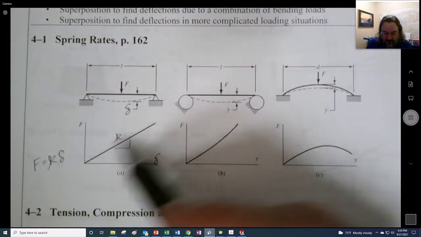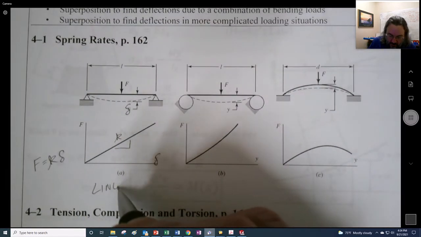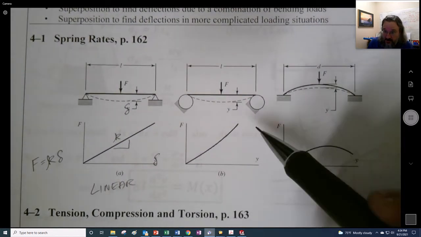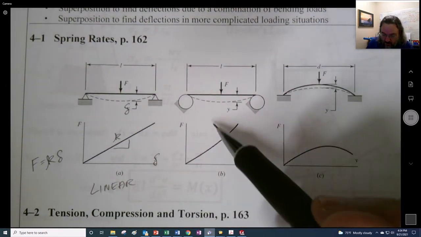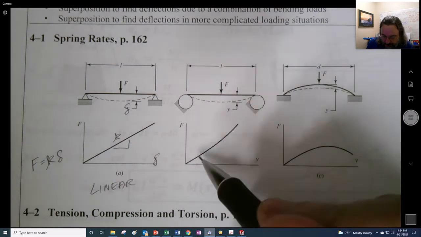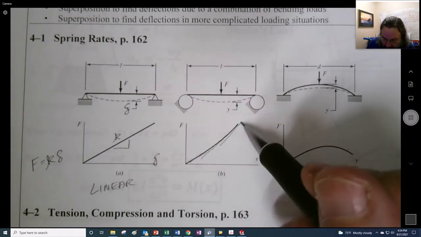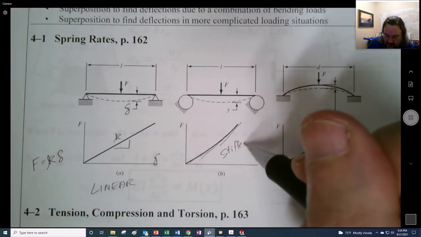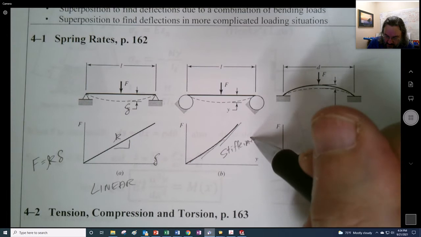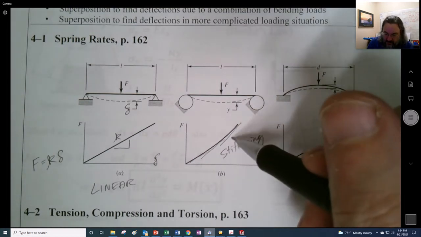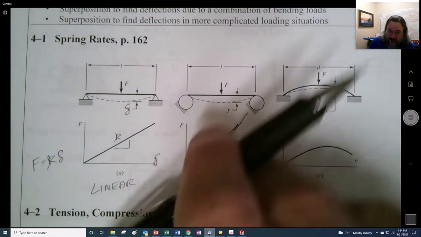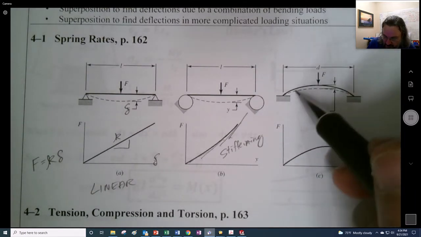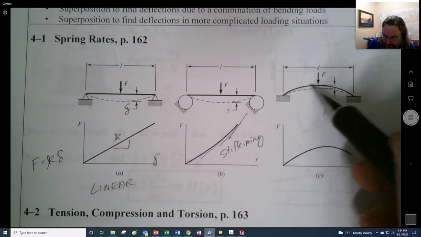All right, so this is a linear one, but there's nothing that says that a spring necessarily has to be linear or that a piece has to be linear. One instance might be where the slope is actually increasing as we come through, and we say that this is a stiffening spring. The slope of it is getting steeper as you come along. We can also have one where it actually starts to get softer, and they're showing this in this example. It's got a kind of an arch to it.